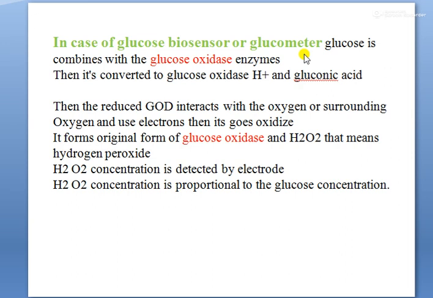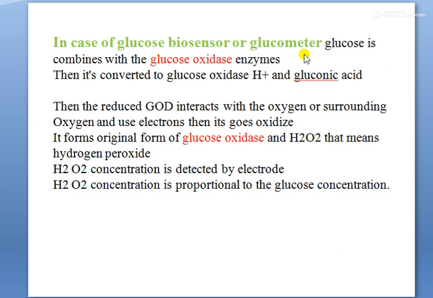This H2O2 concentration is detected by the electrode, or this H2O2 creates electrical signals which are measured by amplifiers and a processor. The H2O2 concentration is proportional to the glucose concentration.